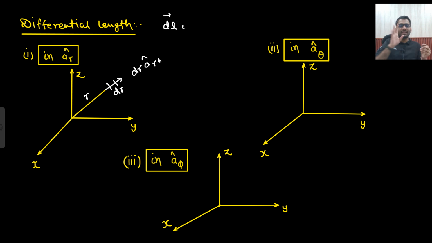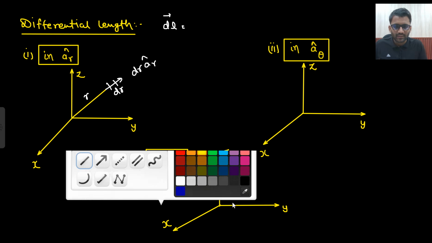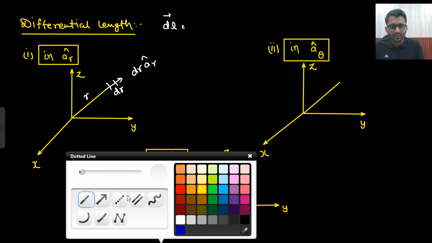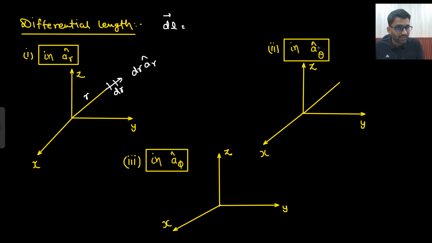But if I work some length in angle, that will be interesting. Okay. So this was my R, fixed here. My phi was also fixed here. Now I am working some distance in the theta direction. I told you this thing: when you are working in the theta direction, that means R and phi will be fixed. Now you are working in the theta direction. This was your theta.